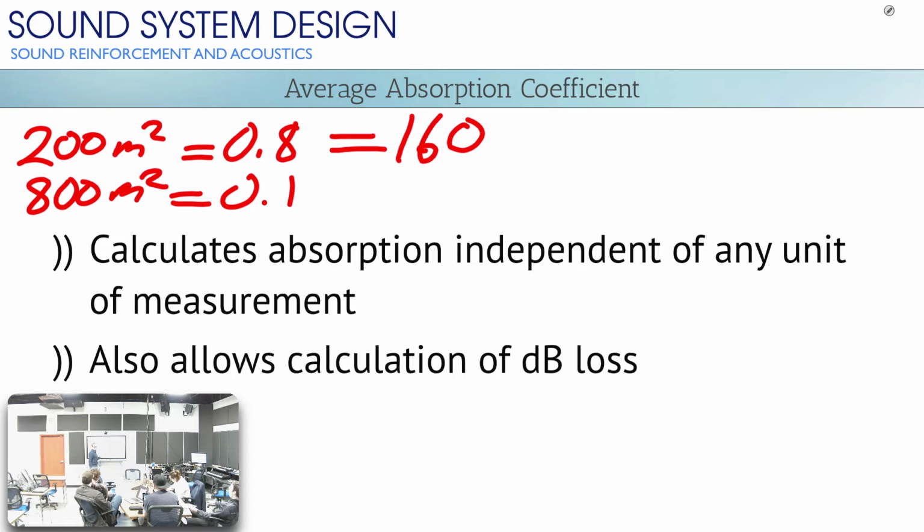Now, some people will call that Sabins, but I don't really like that, just because technically Sabins is square feet. But it is equivalent to 160 square meters of perfect absorption. Right?